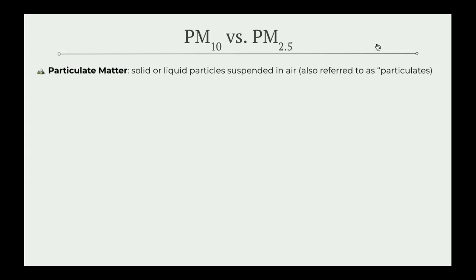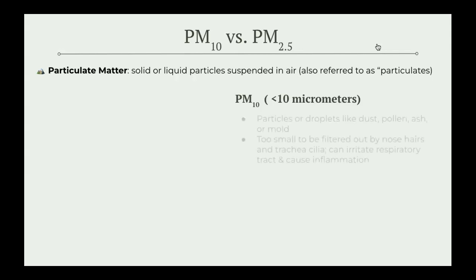So let's focus particularly on particulate matter. Particulate matter is solid particles, but it can also be liquid particles that are suspended in the air. And so we refer to these as particulates. We have two classes of particulates.